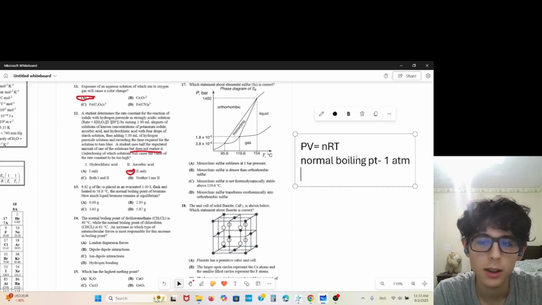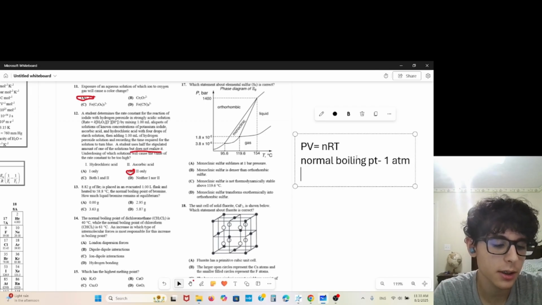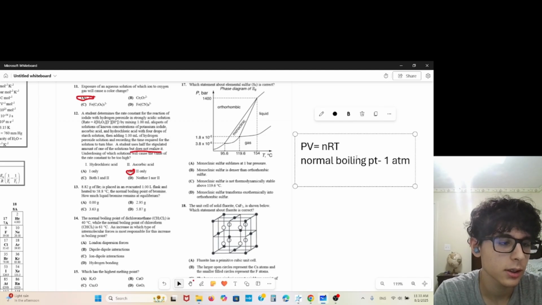So basically, PV, so 1 times 1 over 0.08206 times 58.8 plus 273. Yeah, 0.036 moles. Multiply that by 79.90 times 2. 5.86, right?